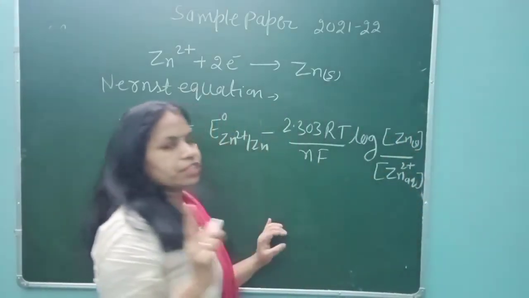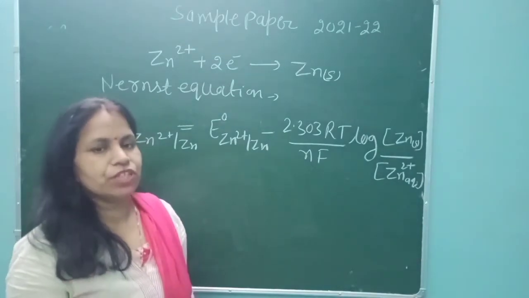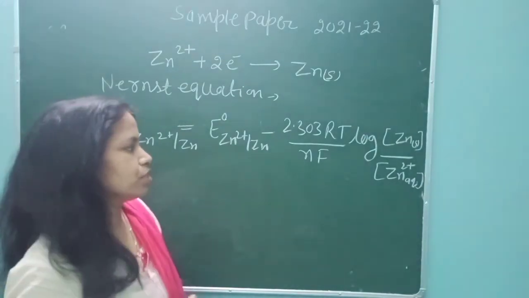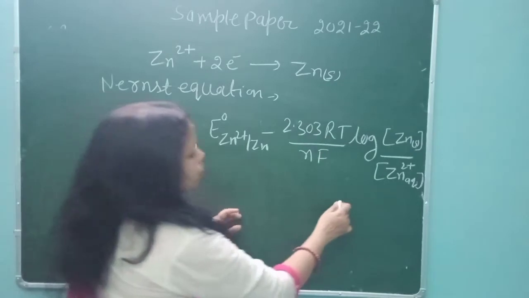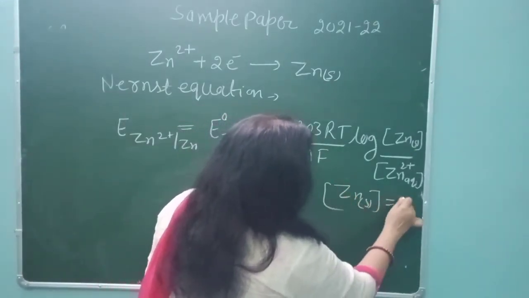Zinc solid is always present in unity. Solid does not depend on concentration or dilution. So Zn solid is always equal to 1.